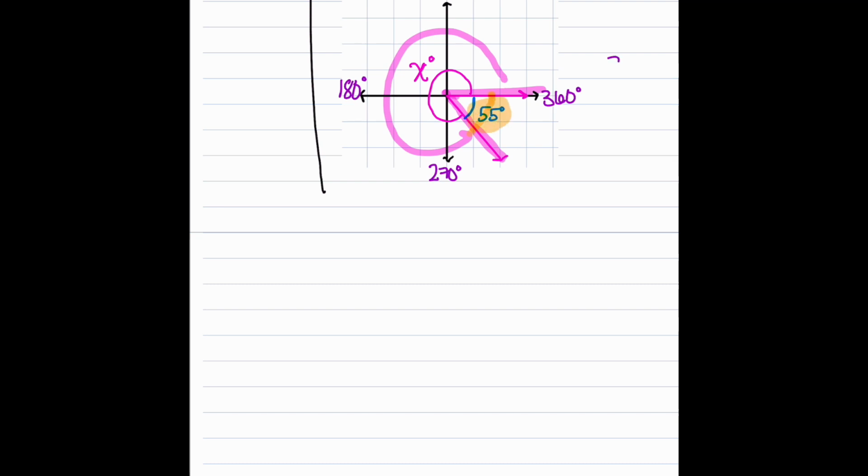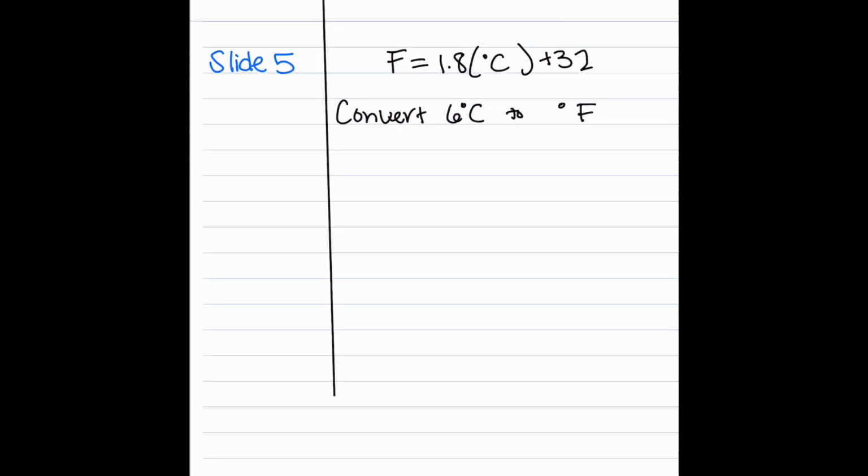So we're going to do 360 minus 55 degrees, like saying it was almost a full circle, but it's short by 55 degrees. And I got 305 degrees.